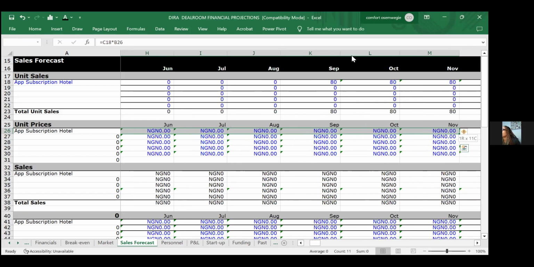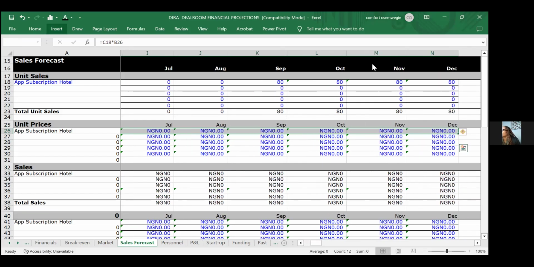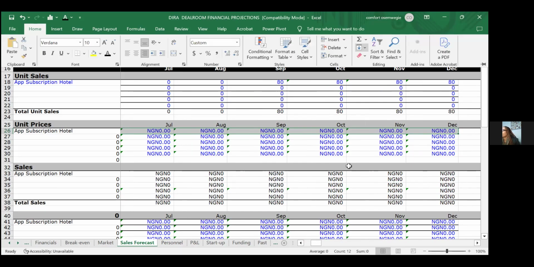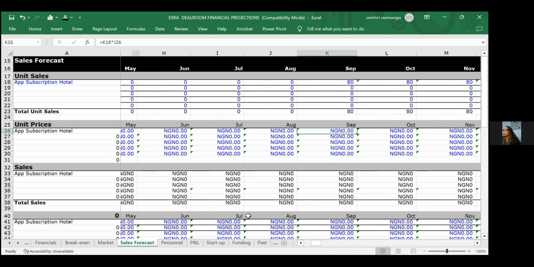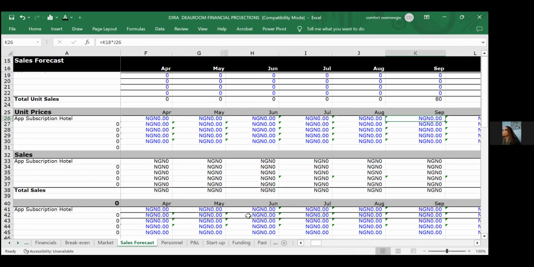I should just... still don't have it. So let me do this manually.